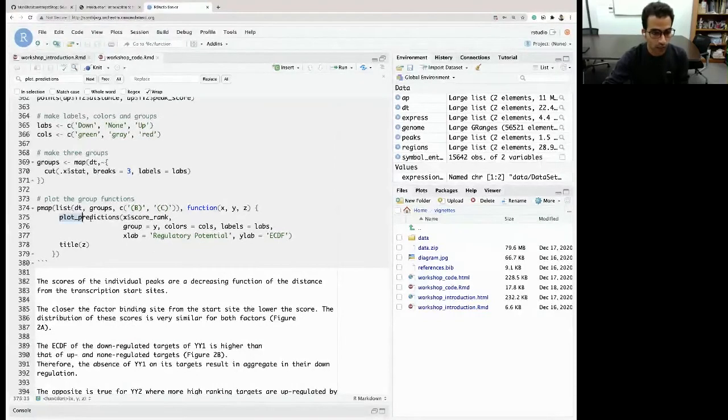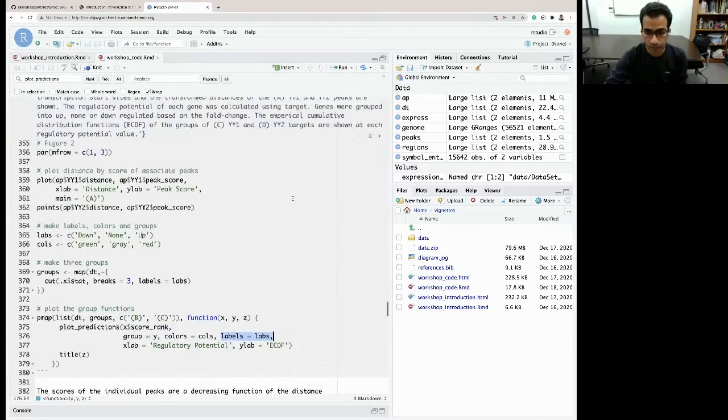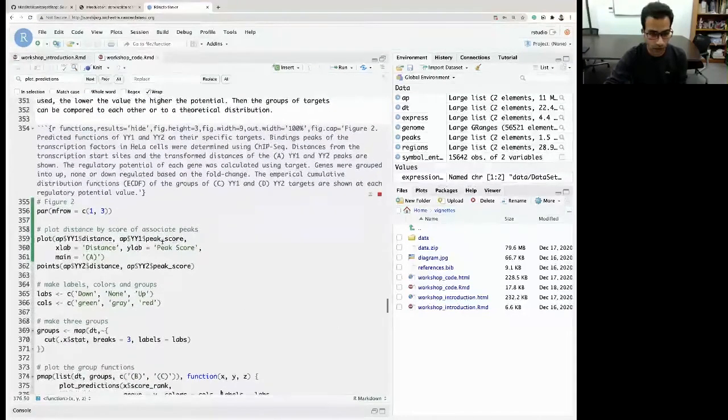For the plot predictions function, you pass it the score rank that was calculated from the DT object, and then you give it the 3 groups that we just made, and their colors and their labels. So I will execute that.